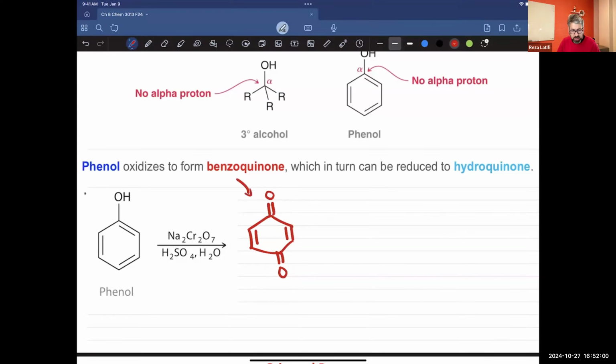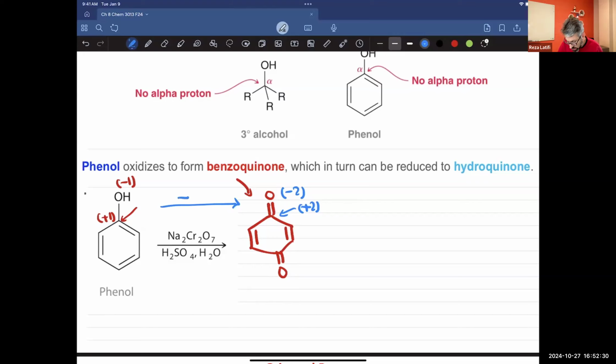Benzoquinone, okay. Benzoquinone now got oxidized, lost a good number of electrons. How do I know it? Look at this carbon. This carbon is attached to OH. OH is -1, so this carbon should be +1, but now it is attached to oxygen that is -2, so this carbon should be +2. So just by looking at this carbon, the oxidation number of carbon went up by 1 degree.